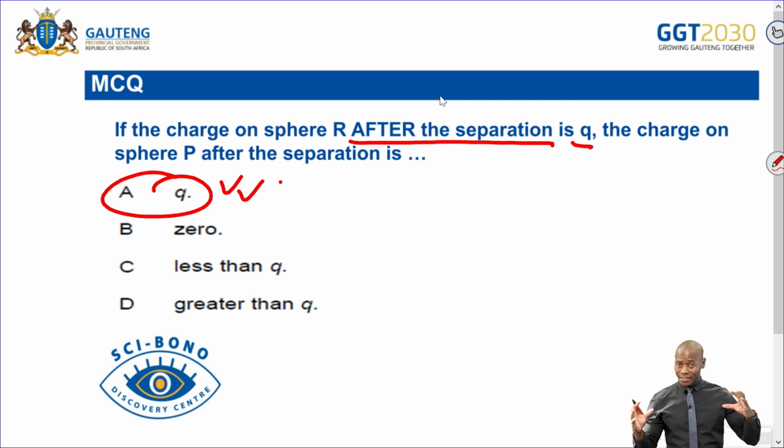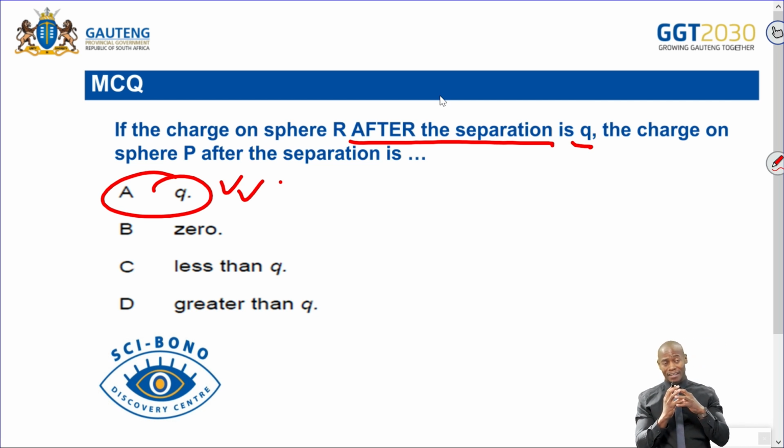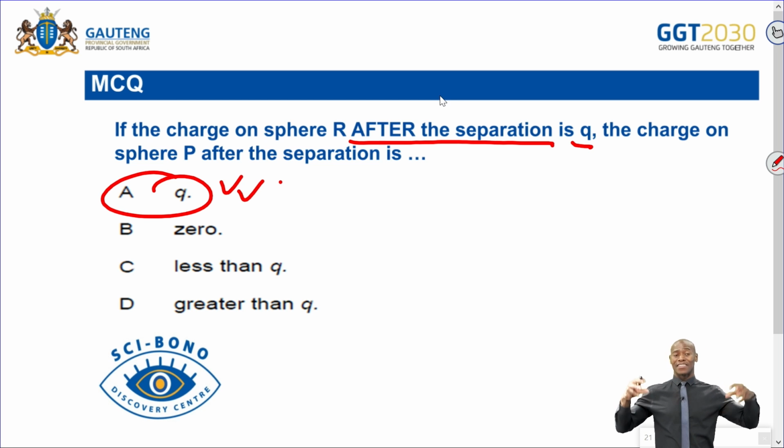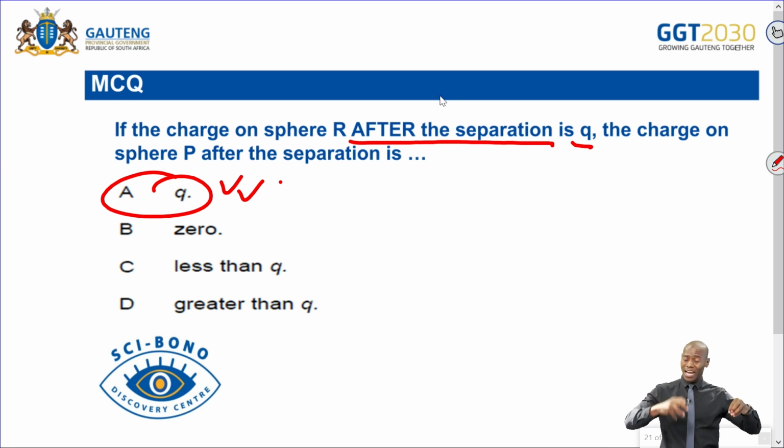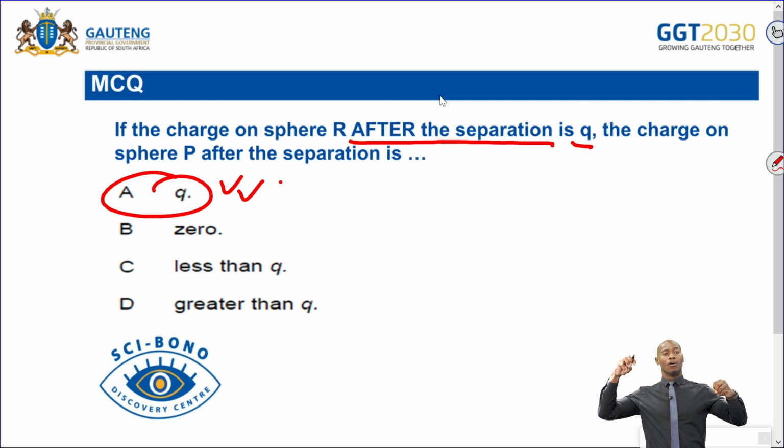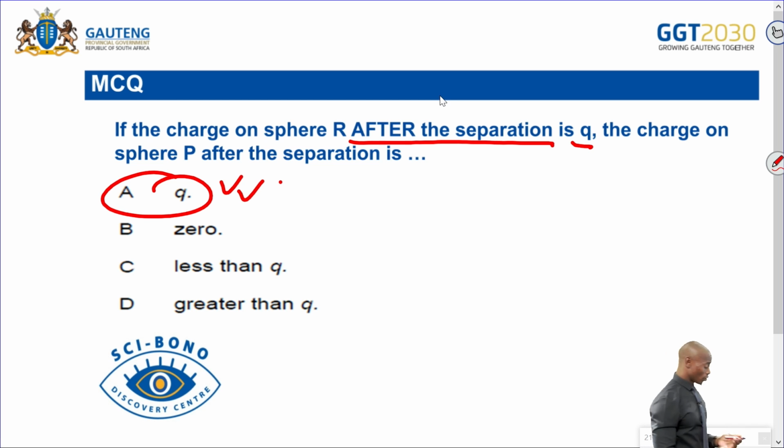So if objects are brought into contact and then separated, during contact, charge is transferred, electrons are being transferred until these 2 spheres have the same charge. So if the charge on R is Q, even the charge on P will be Q after what? After contact. So let's not forget that.